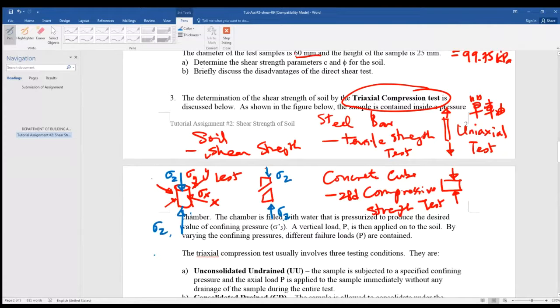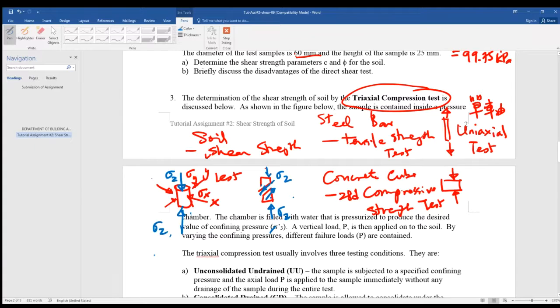Okay? It will fail by shear. It will shear off into two pieces.